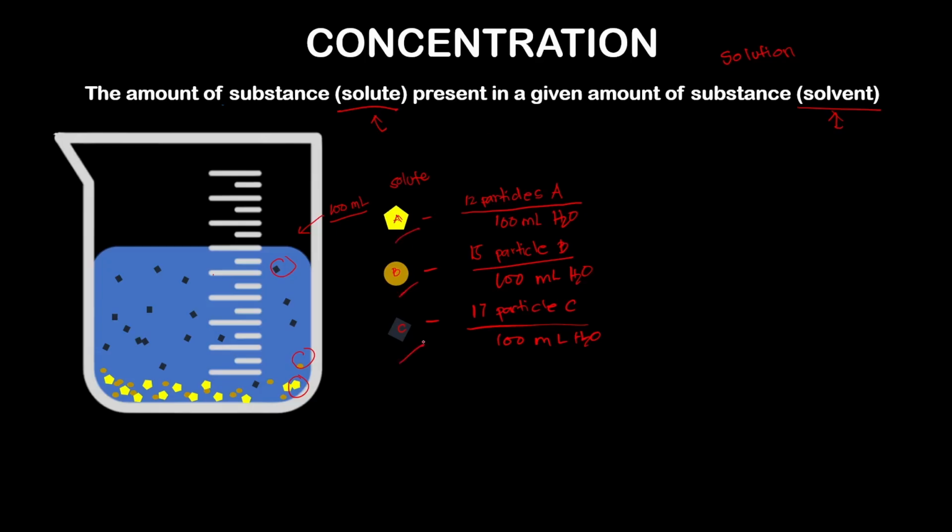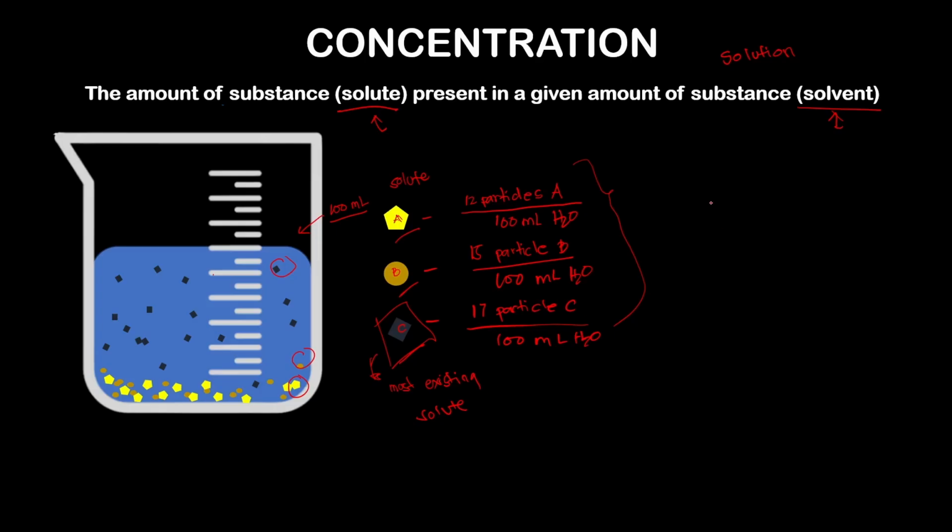So how do we conclude something out of this result? We can say particle C is more abundant. It is the most existing solute in the sample. So we can say the sample is more concentrated with particle C.